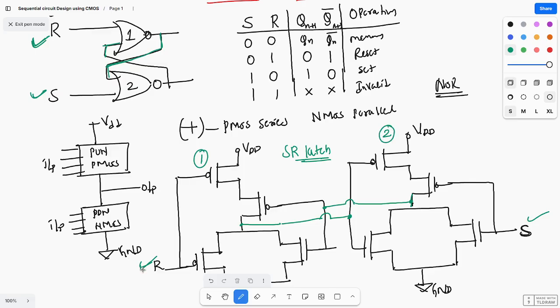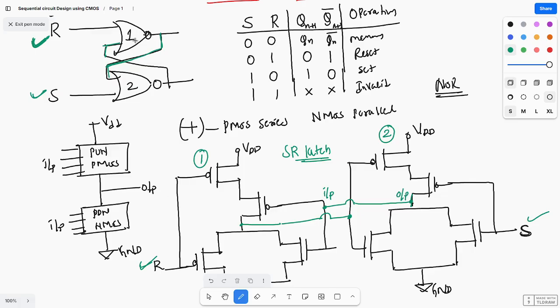For NOR gate 1, R is one input, and the other input is the output of the other NOR gate.